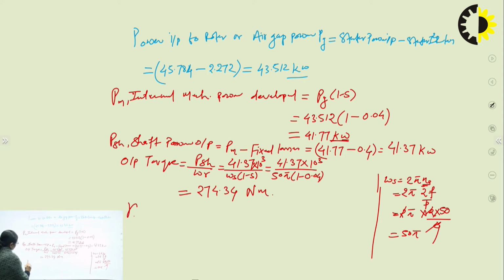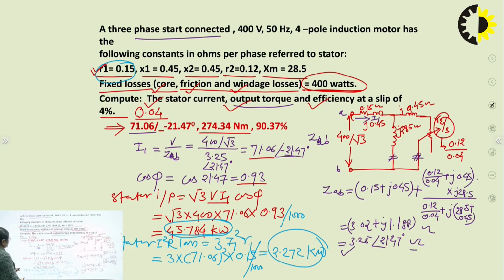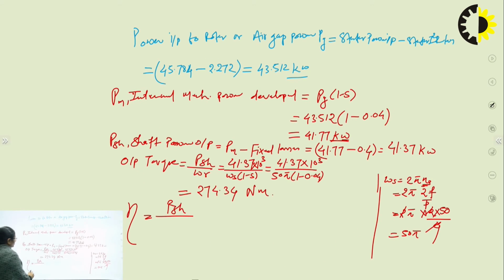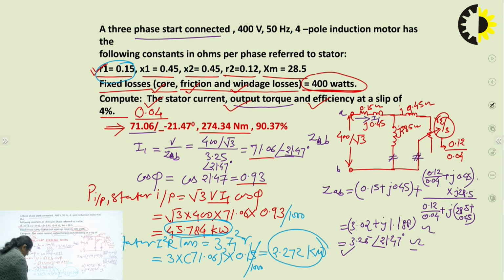The last thing is the efficiency of the machine. So efficiency of the machine is PSH upon stator power input, power output upon power input. PSH with us is equal to 41.37 and the P input was equal to 45.784.